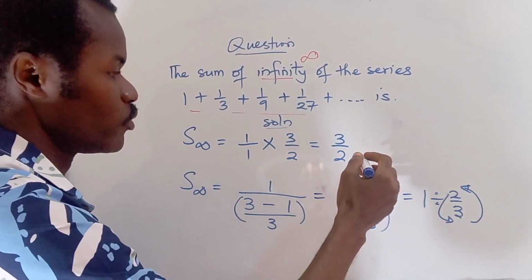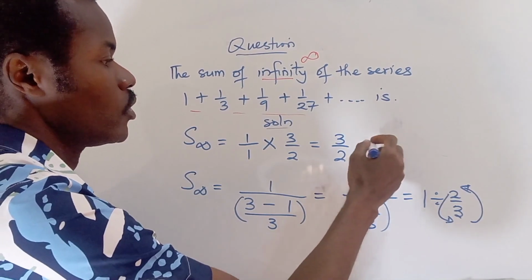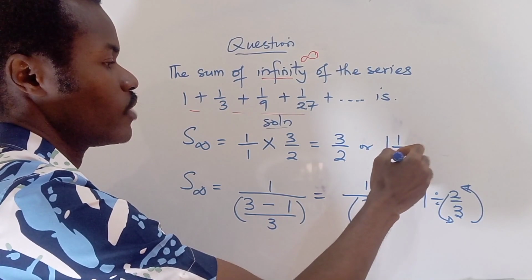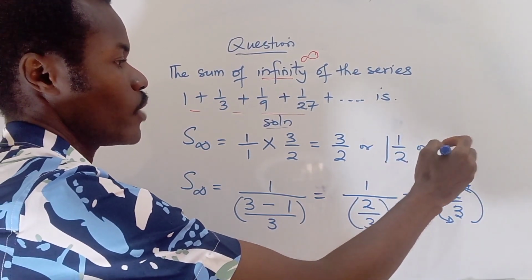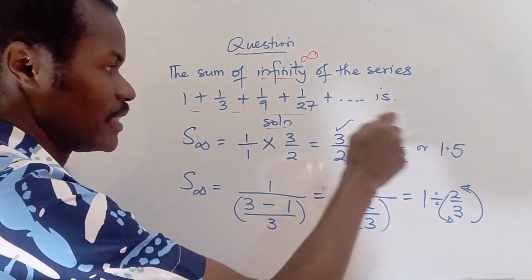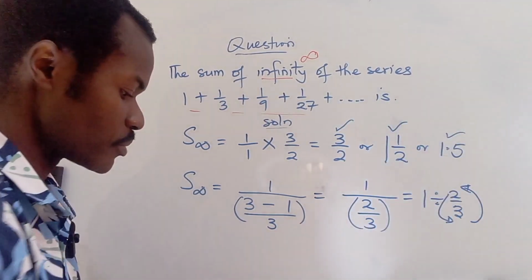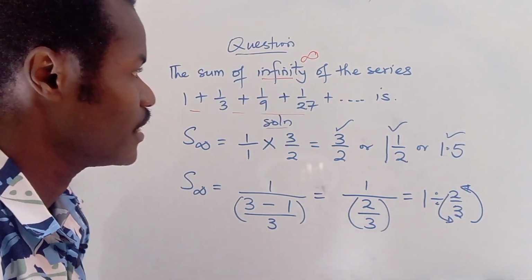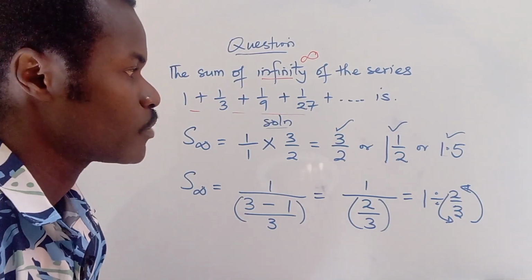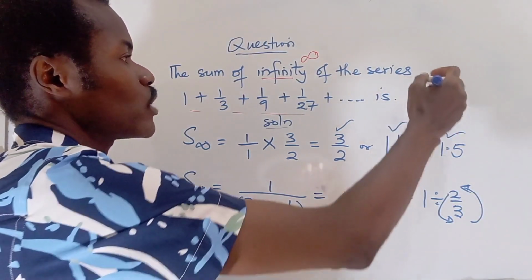Our answer to this problem is 3 over 2, or as a mixed fraction, 1 and 1/2, or as a decimal, 1.5. Either of these gives us the answer to this problem on the sum of infinity.